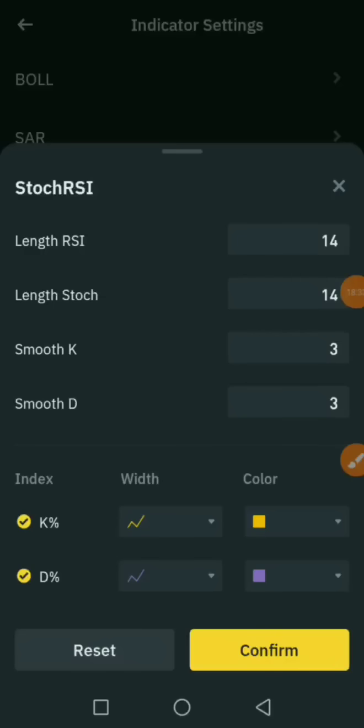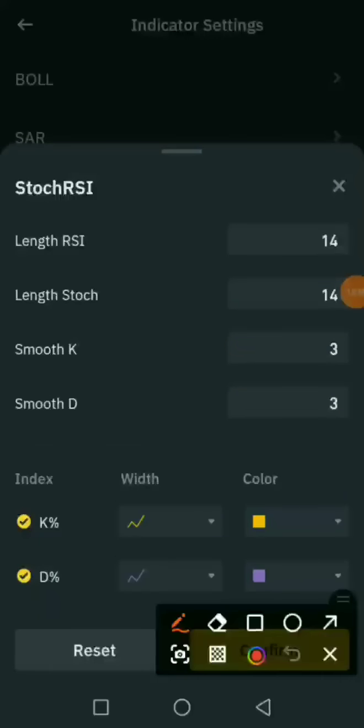The length RSI is used to determine the number of candlesticks that the RSI will use to calculate the average value. This length RSI just means that the normal RSI is going to calculate 14 candlesticks. Look at the 14 I'm talking about here. If your length RSI is at 14, the normal RSI will calculate 14 candlesticks.